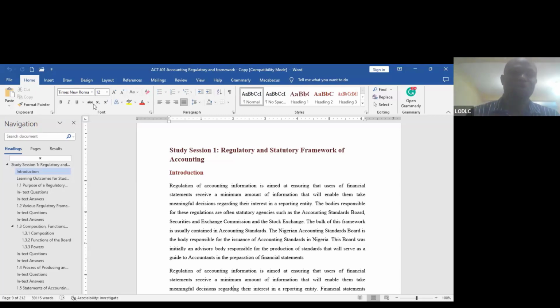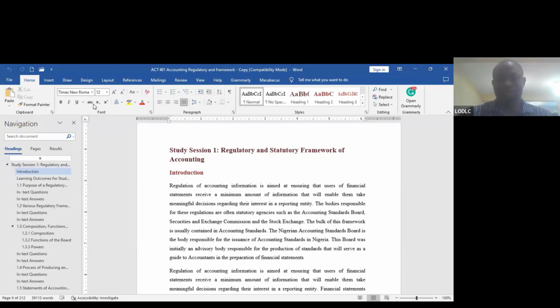And this information must come from a minimum requirement of accounting information. That is why in every annual report, there are some minimum statements or minimum requirements that every organization must provide.